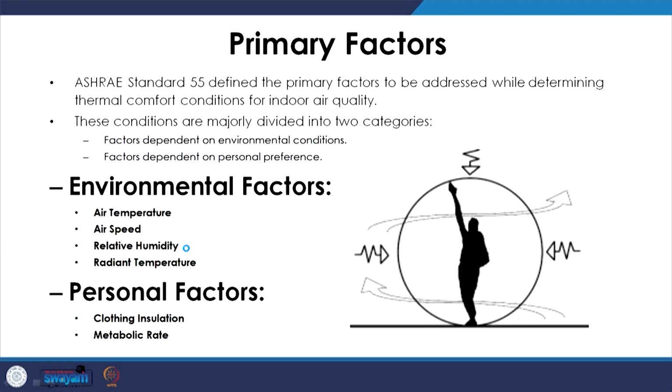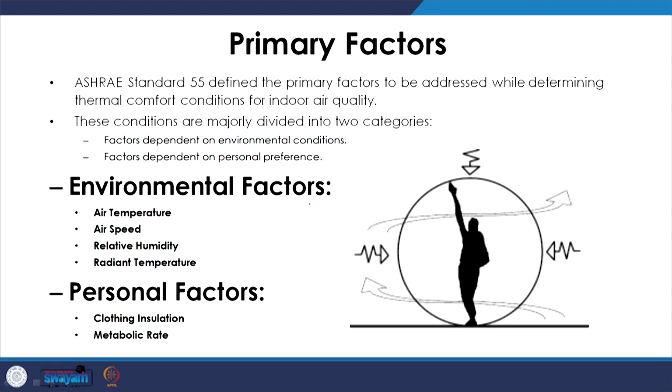Now, whether it is a fixed defined thermal comfort or adaptive thermal comfort, there are some factors which help us assess whether the given condition is thermally comfortable or not. There are primary factors which determine thermal comfort, and they can be clubbed into two distinct categories: environmental factors and personal factors.